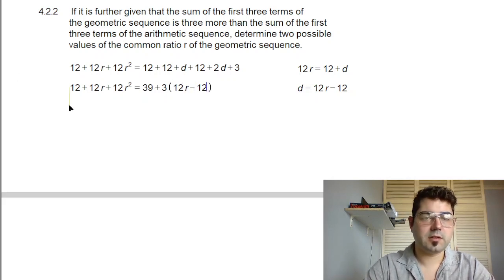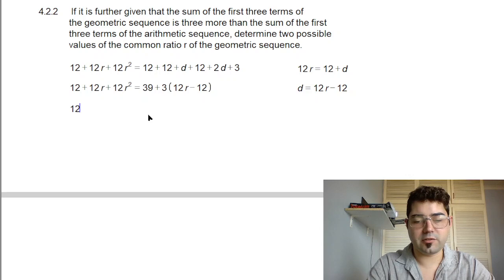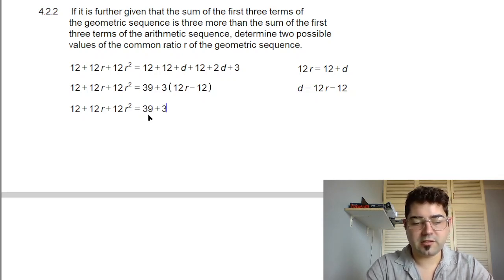Next thing we're going to do there is expand and simplify. So if we bring that 39 over, let's expand first. 12r squared, 39 plus 36r minus 36.